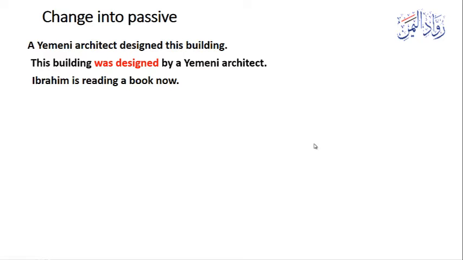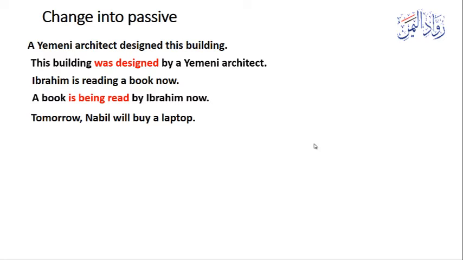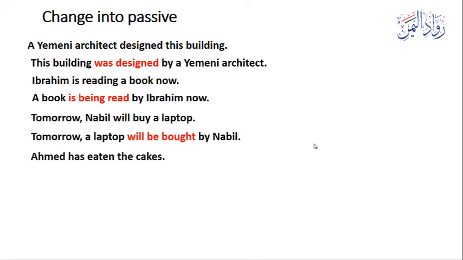Ibrahim is reading a book now. A book is being read by Ibrahim now. Tomorrow, Nabil will buy a laptop. Tomorrow, a laptop will be bought by Nabil. Ahmed has eaten the cakes. The cakes have been eaten by Ahmed.